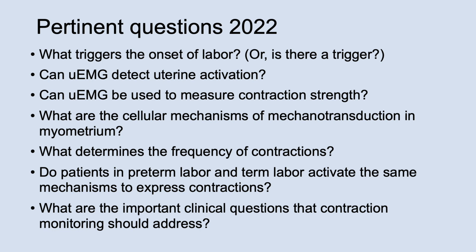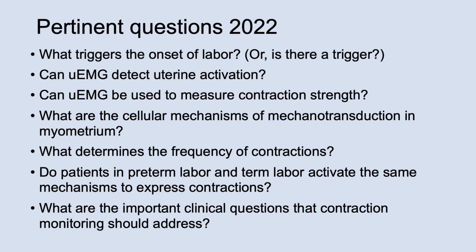Practically speaking, we think uterine activation is required in order to have the uterus begin contracting. So the question is, can uterine electromyography detect activation so that you know that there is at least a possibility of the uterus going into labor? Next, we've really spent a lot of time trying to measure contraction strength non-invasively.